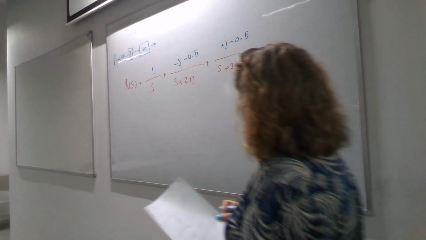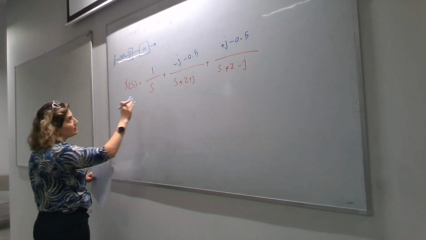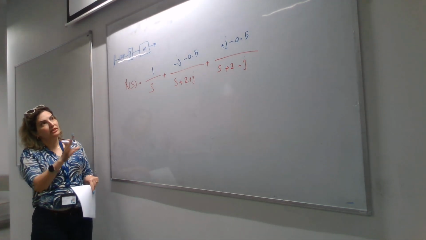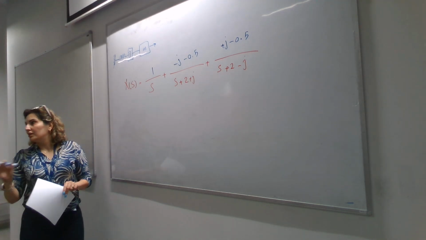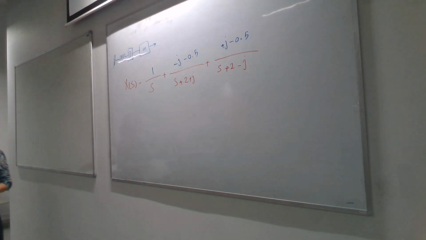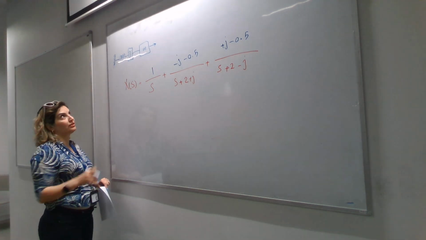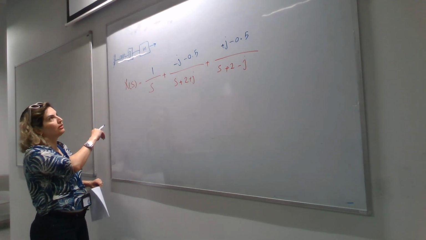Okay, so we have these three sections that are making our X of s. With the current condition, we can convert it directly to time, because we want to find out how they look when they are in time domain, and how exactly that is related to the transient and the steady state or initial value of our system.